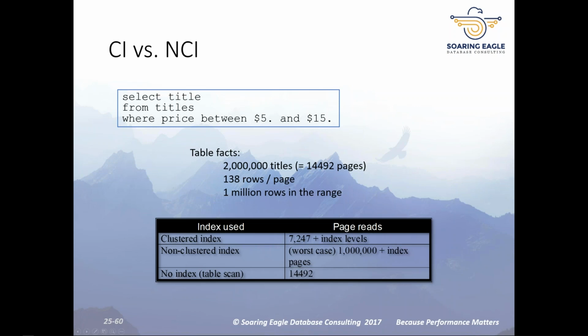That is one for each of the titles I'm trying to pick up, which obviously is slower than 7,000. If I just do a table scan, that's 14,000 reads, which again is 50, 60 times faster than using the non-clustered index.